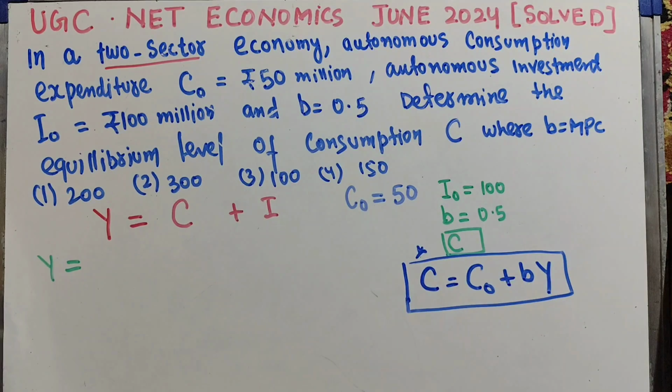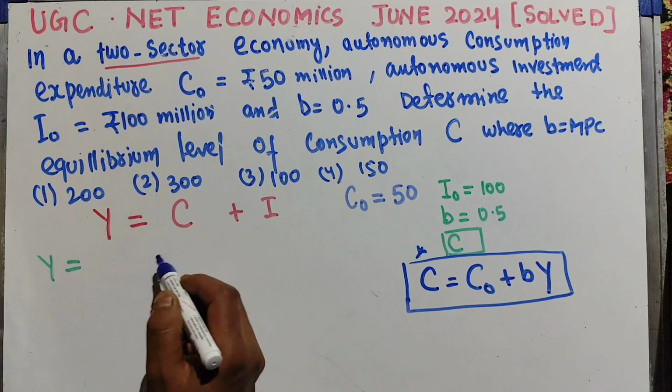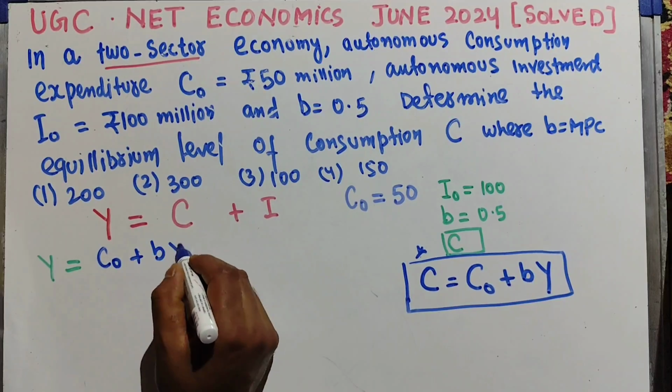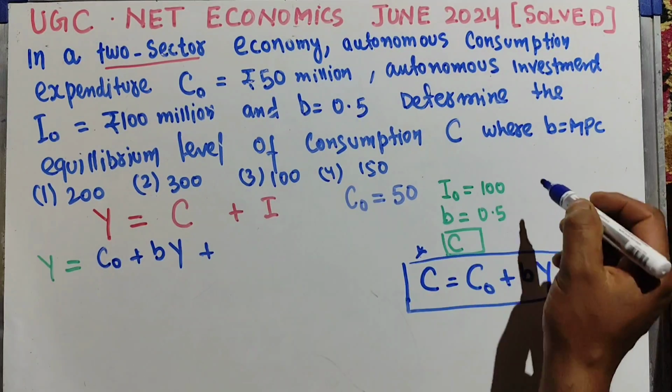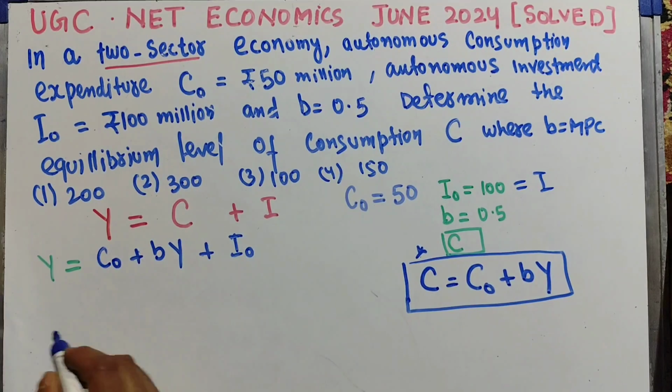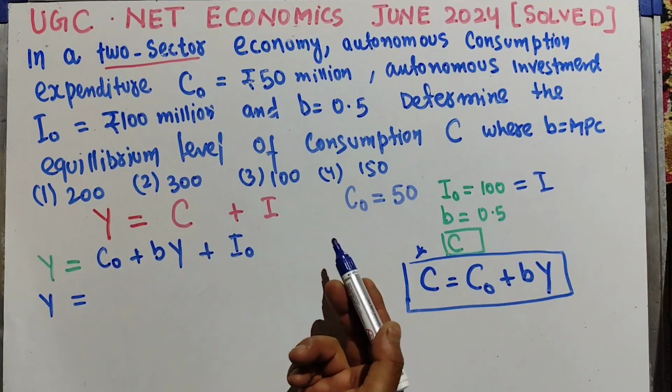So let's first find the equilibrium level of income, then we can find the equilibrium level of consumption. Y will be equal to C0 plus B times Y plus the autonomous investment I0. Now let's give the variables their values.